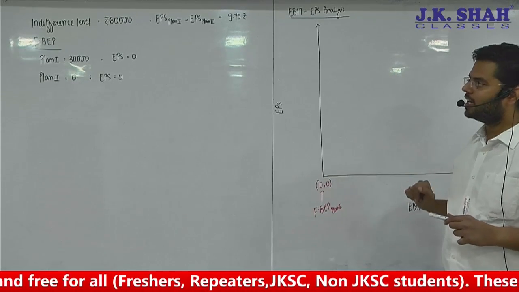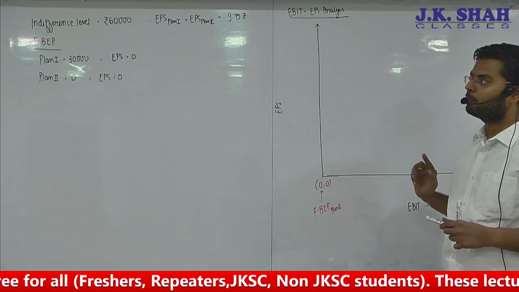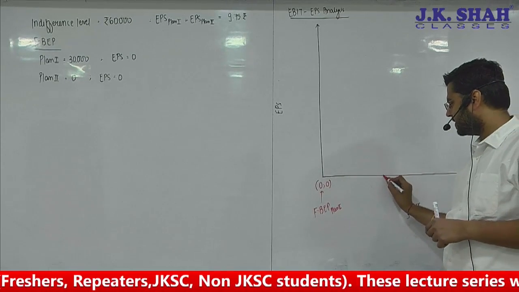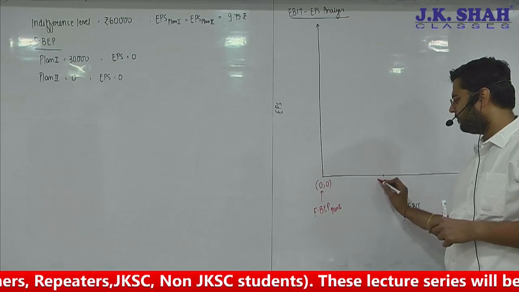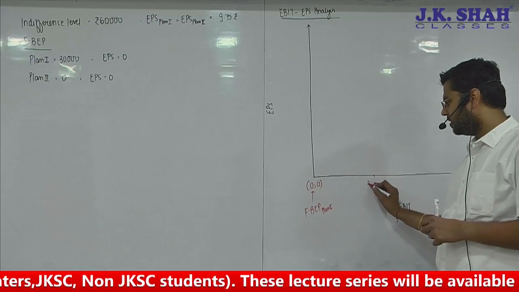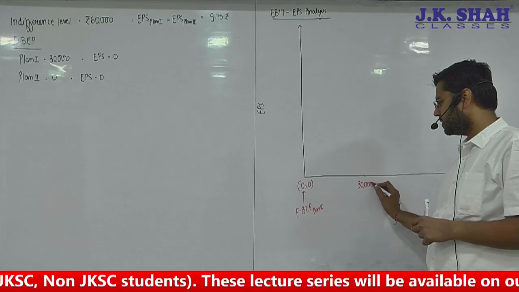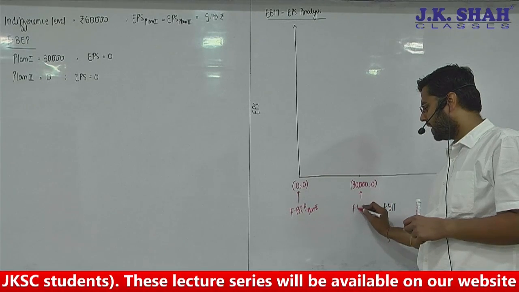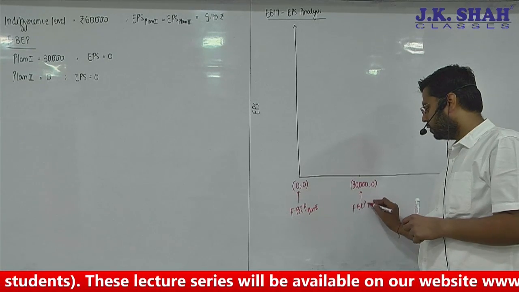Now what is the level of FBP for plan 2? For plan 2, this is the level of FBP, which means if we select plan 2, then if we earn 30,000 rupees, then our EPS will be 0. So this becomes FBP of which plan? Of plan 2.